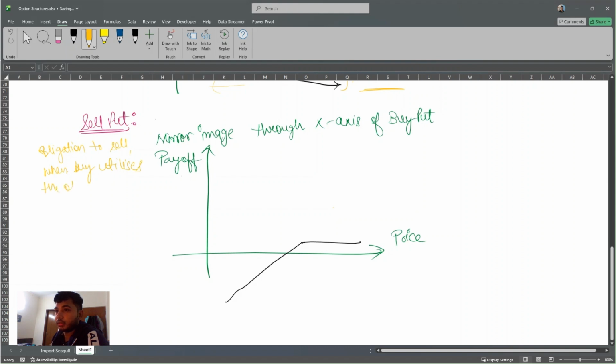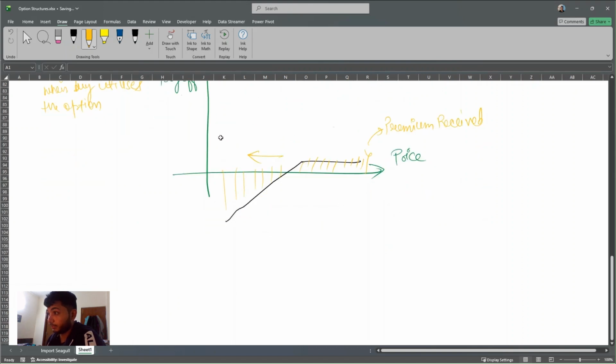So this is the area where you received the premium, and this is the area if the market moves against you. For example, if it has moved against this side, you are going to incur some losses there. So this is the negative payoff that you're going to have.